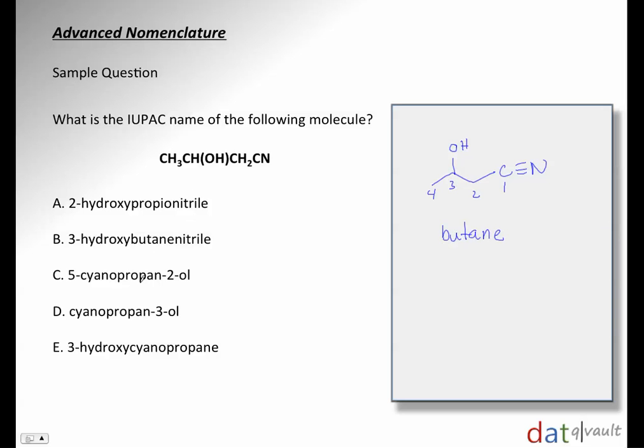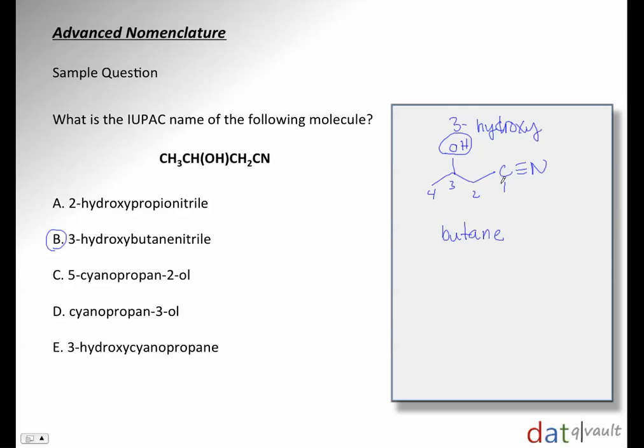If we actually look at all of our answers, we don't even see a butane in there except for answer number B. So just based on that, we can actually select that one as our answer. But let's go through and try to name the rest of the molecule anyways to make sure that we have it correct. Since the OH is going to be our substituent, we're going to name it hydroxy, and it's at the 3 position.